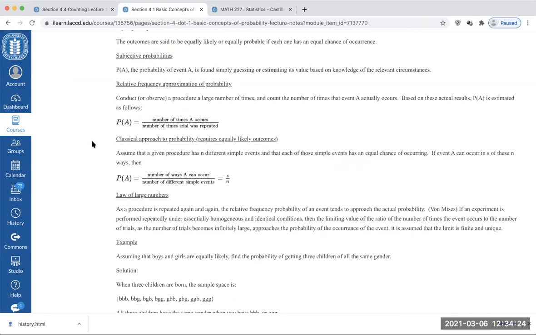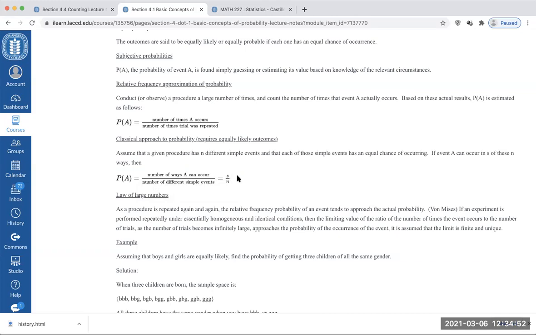So the classical approach to probability, which requires equally likely outcomes. Assume the given procedure has n different simple events, and that each of those simple events has an equal chance of occurring. If event A can occur in s of these n ways, then the probability of A is s over n.